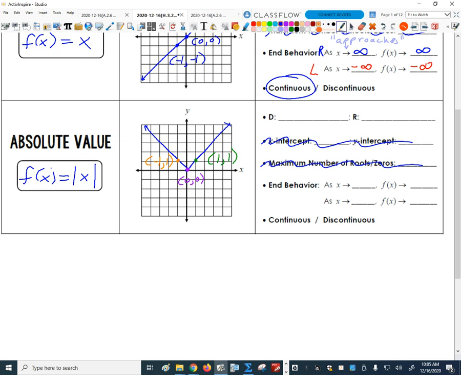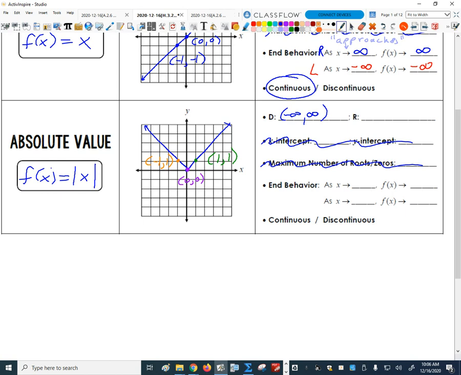Kendall, what's the domain for this absolute value function? Is it just positive infinity? The domain is a set of x values. Oh, okay, then negative infinity, comma infinity. There you go. And we can just say that as all reals.